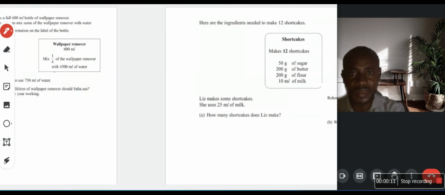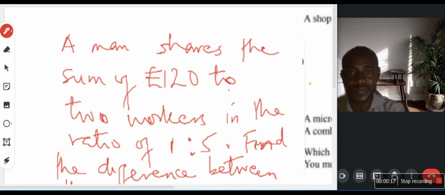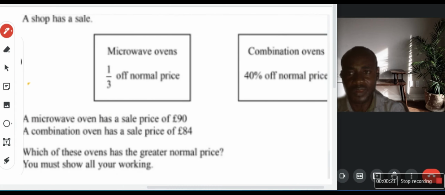Okay, let me see. The next we can look at. All right, let's see this. This says a shop has a sale: microwave ovens 1/3 off normal price.